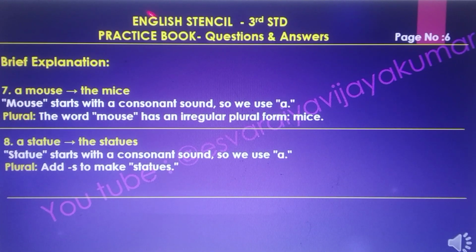A mouse, the mice. Mouse starts with a consonant sound, so we use a. Plural, the word mouse has an irregular plural form, mice. 8. A statue, the statues. Statue starts with a consonant sound, so we use a. Plural, add s to make statues.